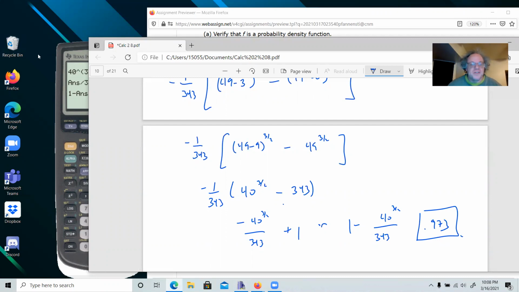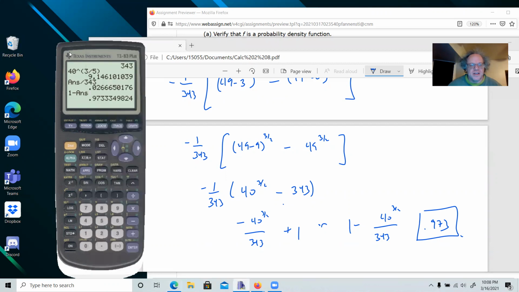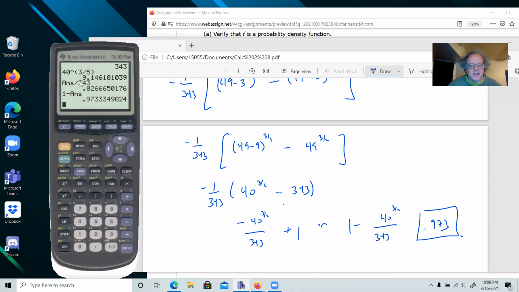Well, there it is. That's not right. This is 40 to the 3/5. That's terrible. 40 caret to the 3/2. Oops, I don't want that either. I want 40 caret parentheses 3/2.